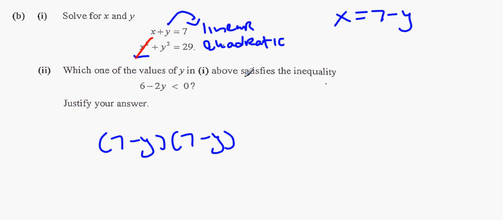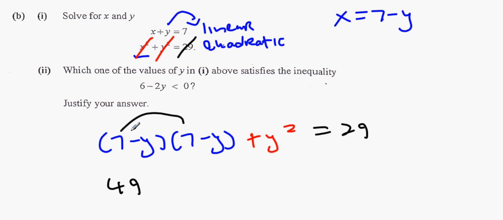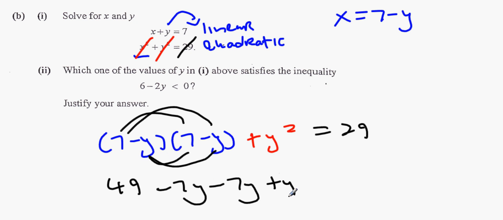Now we're looking for the y squared, plus y squared, that's that part there, and then equals 29, and this is this part here. Now we can multiply out. 7 by 7, 49. 7 by y, minus 7y. Minus y by 7, minus 7y. Minus y by y, plus y squared. Plus y squared equals 29.